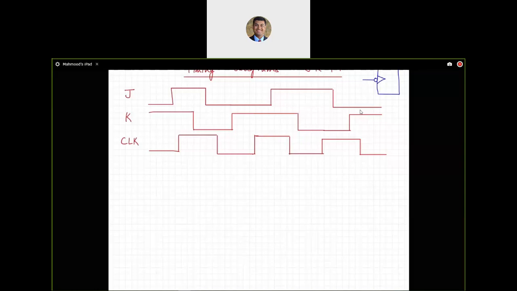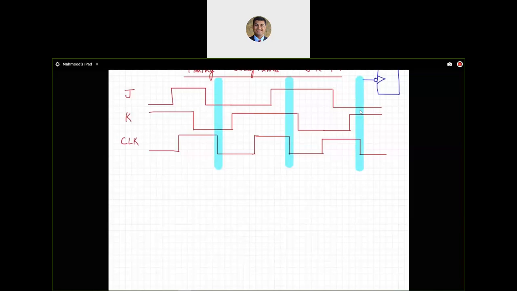So if that is the case, I will only have a change in the output when the clock changes from high to low. So there and there and there. Those are the only times the output can change. Soon after those negative edges, the output can change. Other times, output is not allowed to change.